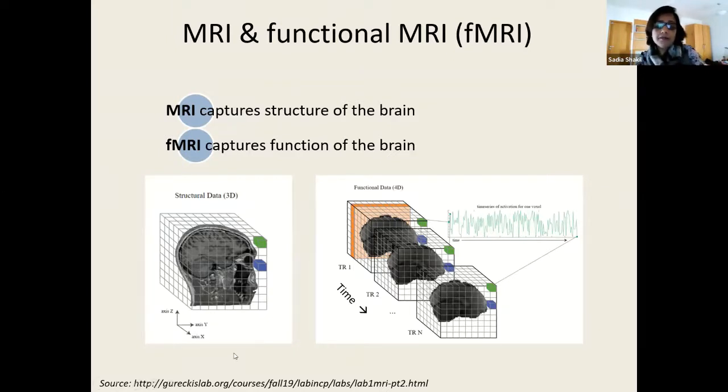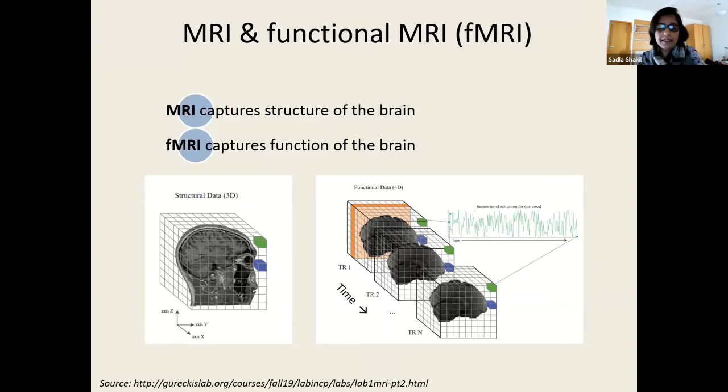The left side is showing an MRI image. This is a 3D image of the whole brain. In this image, we can see certain small 3D volumes shown in different colors like blue and green, and these are called the voxels of the brain MRI image. These are, you can say, the elementary units of the image.